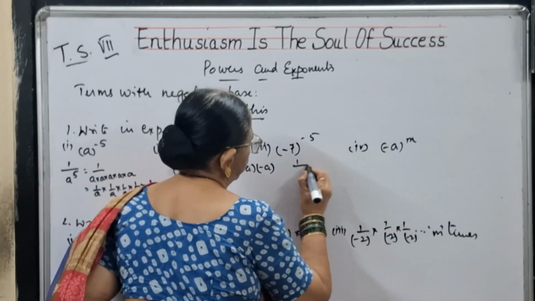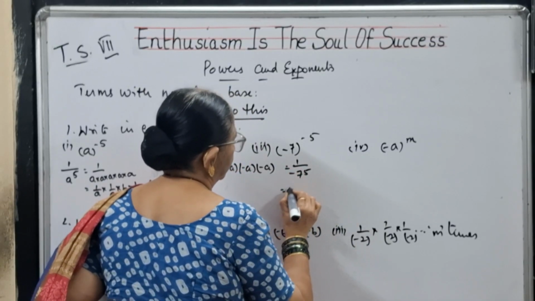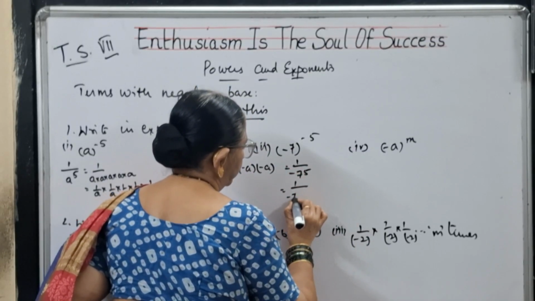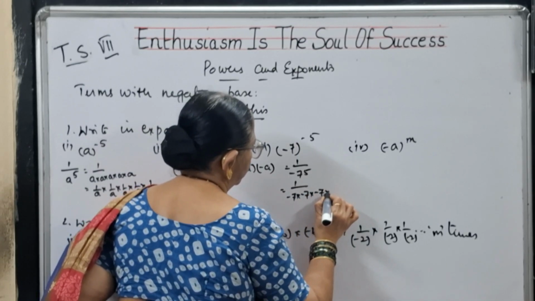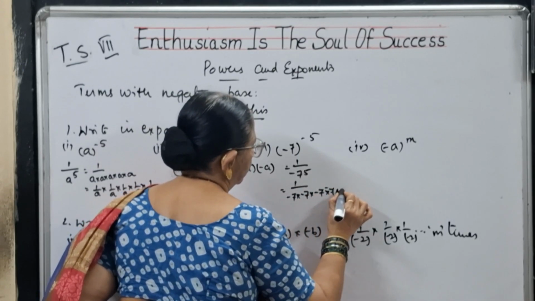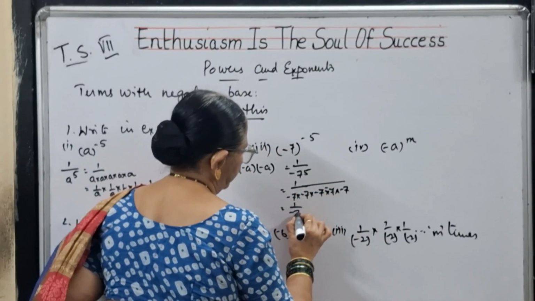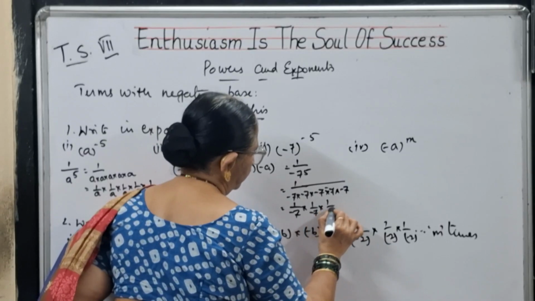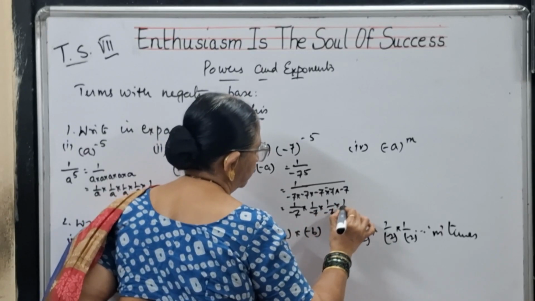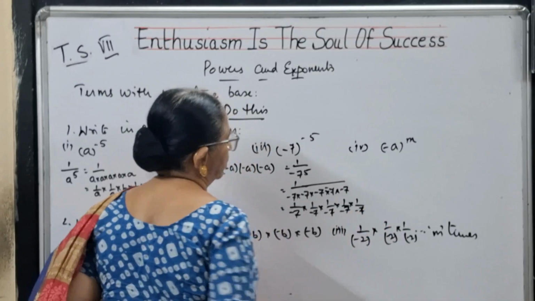That is 1 by minus 7 to the power of 5. This is equal to 1 by minus 7 into minus 7 into minus 7 into minus 7 into minus 7, 5 times. That means 1 by minus 7 into 1 by minus 7 into 1 by minus 7 into 1 by minus 7 into 1 by minus 7.